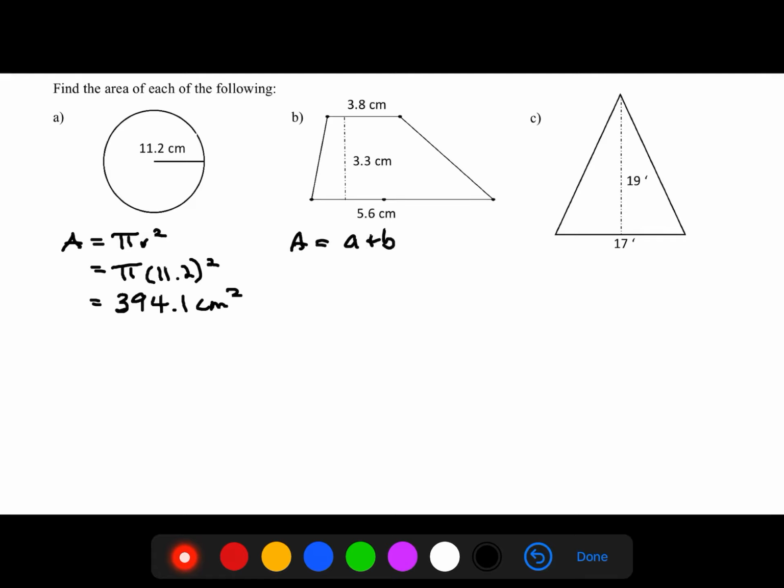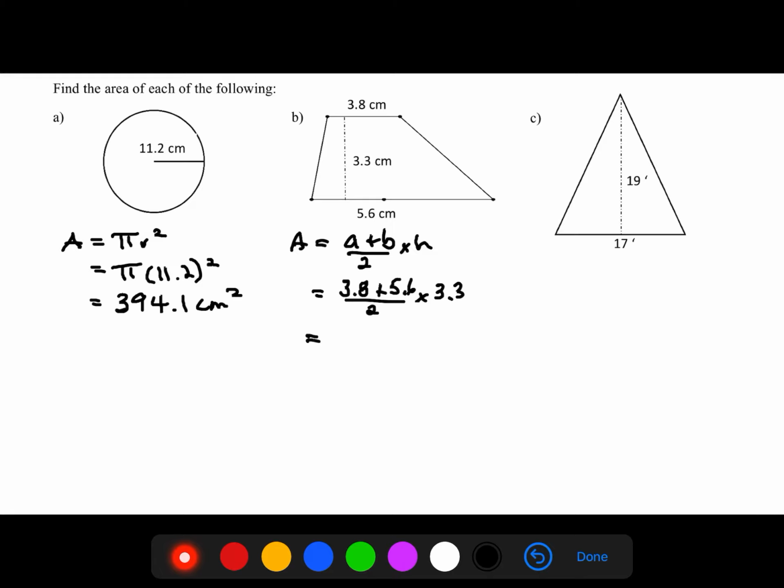For part B, again, we have a trapezoid here. We're going to use our formula A plus B divided by 2 times height. So our top and bottom, we get 3.8 plus 5.6 divided by 2, and then we're going to multiply by 3.3.